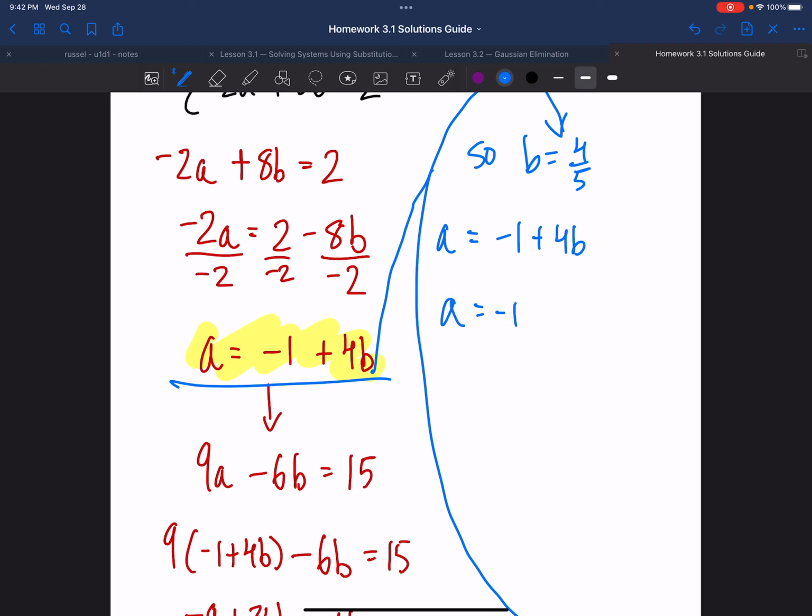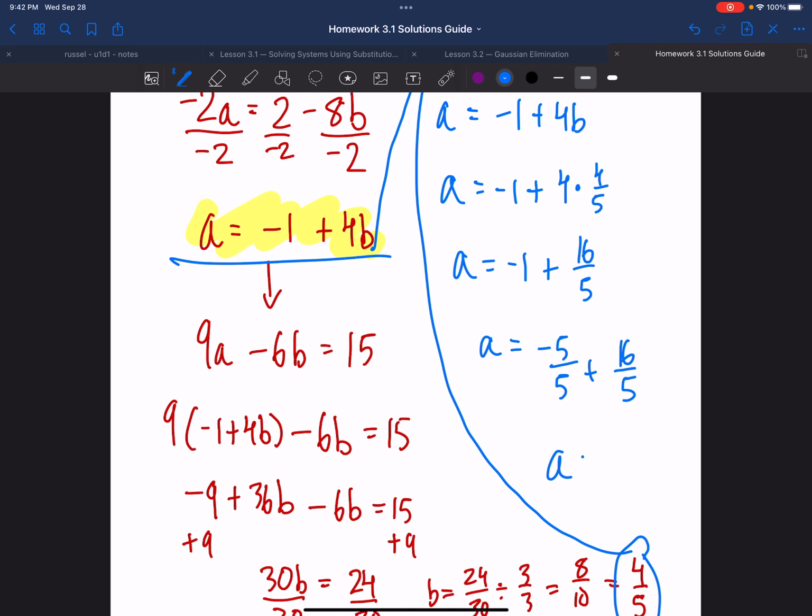So a equals -1 plus 4 times 4/5. So a equals -1 plus, that's 4 times 4 is 16 over 5. That's like -5 over 5 plus 16 over 5. Which means a equals 11/5.